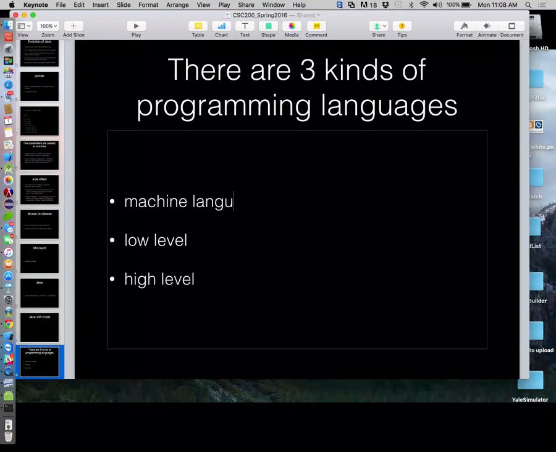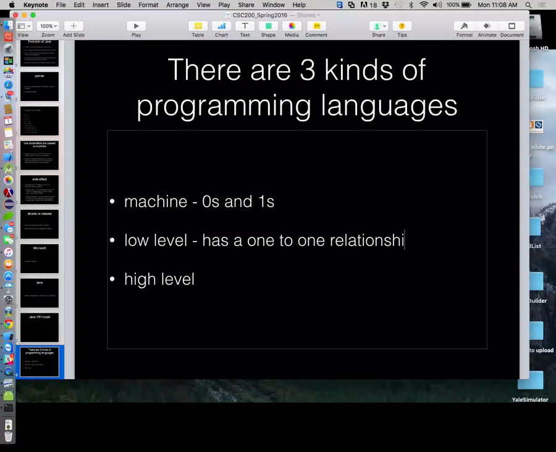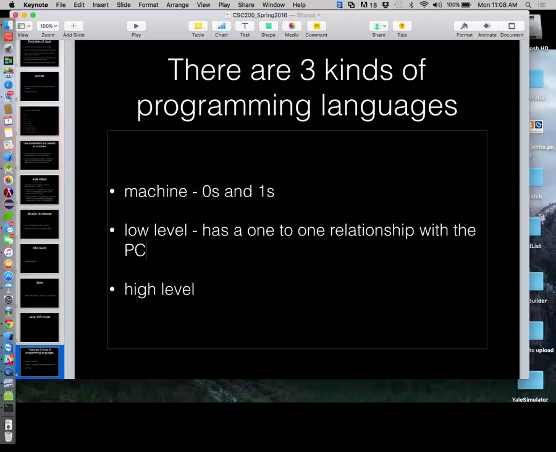So machine language is zeros and ones. Okay, not for human consumption. This is not the type of language we want to be writing in. We'd be tapping out zeros and ones on a two-button keyboard and make all sorts of mistakes. Now a low-level language has a one-to-one relationship with the CPU.